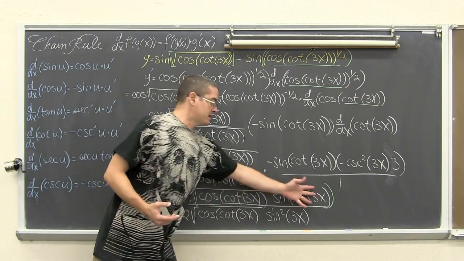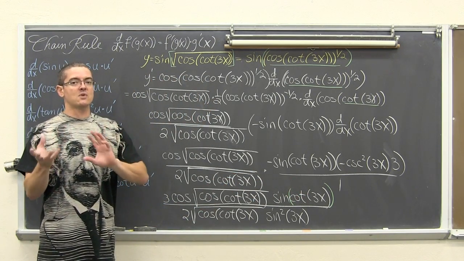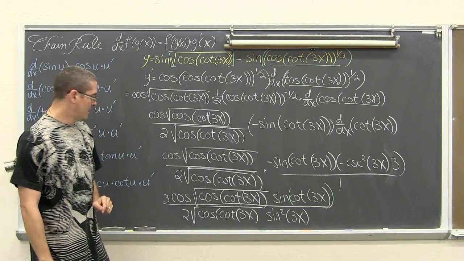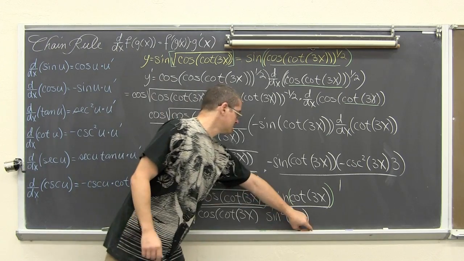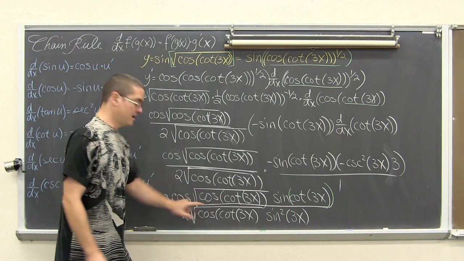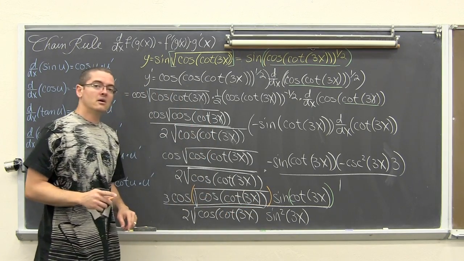Because all of this is getting multiplied together, and while you cannot cancel terms, that's things that are being added or subtracted together, you can cancel factors. So why am I not canceling these out? Because this is not, again, cosine times this, it's the cosine of this, okay?